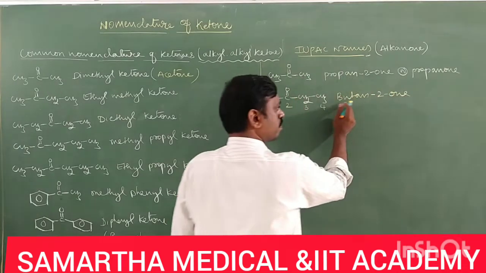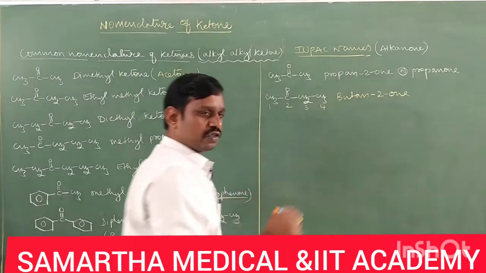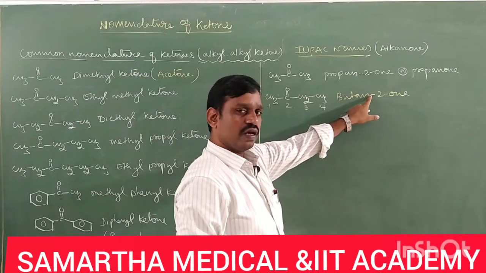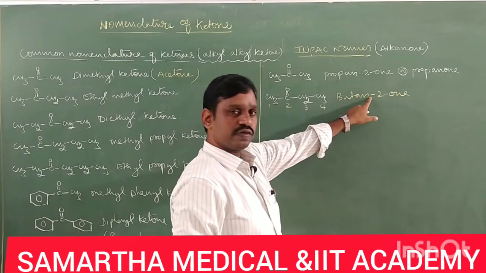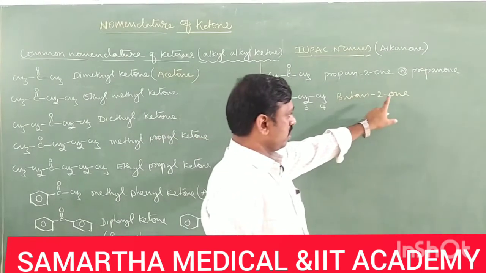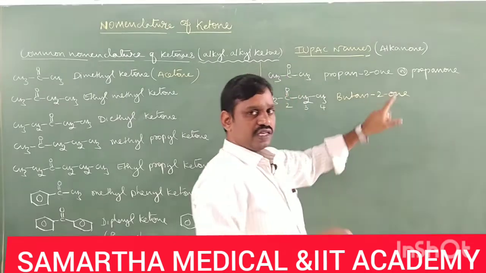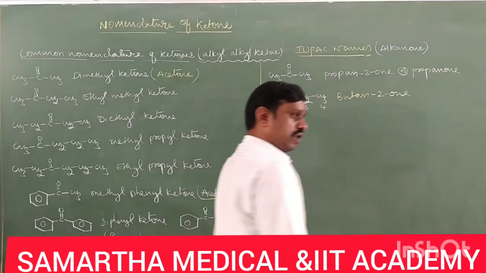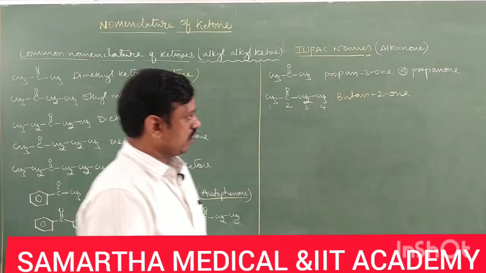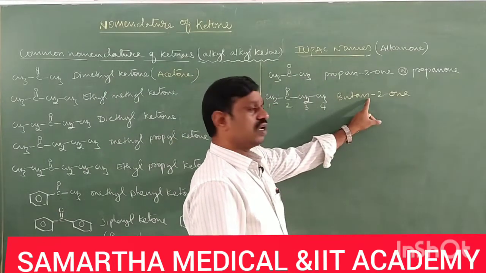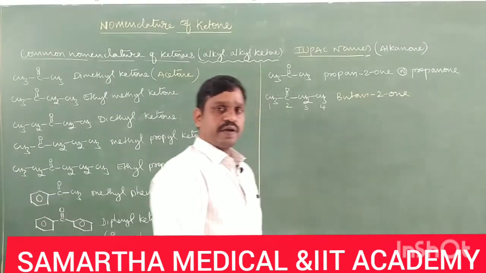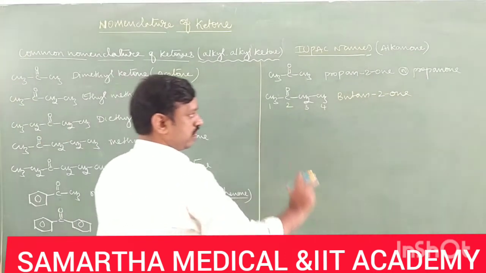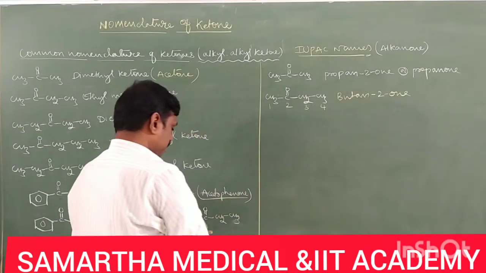Students, I am not writing butane, A-N-E, because I removed the letter E. When the secondary suffix starts with A, E, I, O, U or Y, then from the primary suffix remove the last letter. This is the statement we studied in the alcohol topic. Therefore butan-2-one is the IUPAC name.